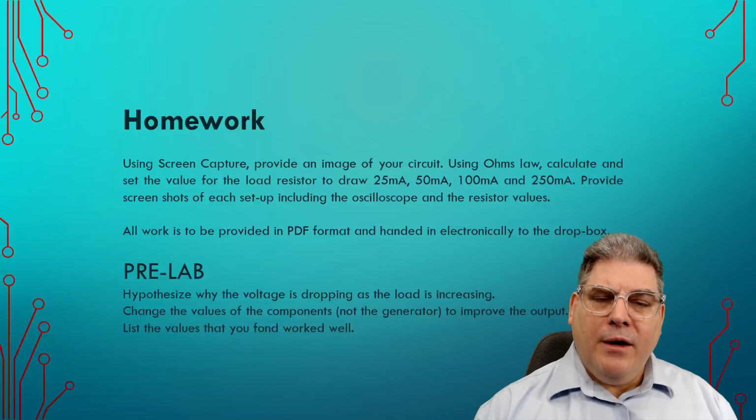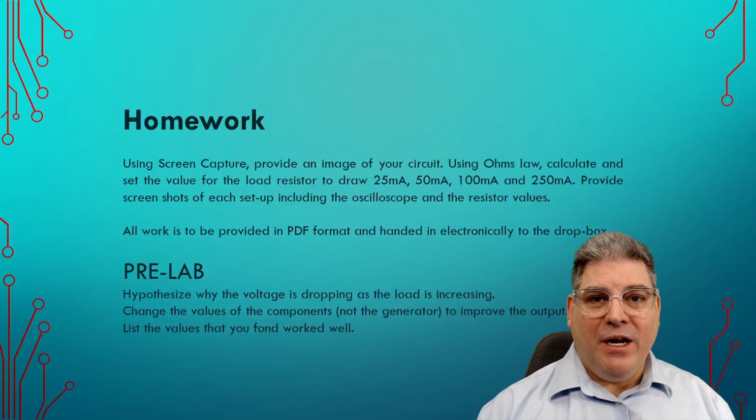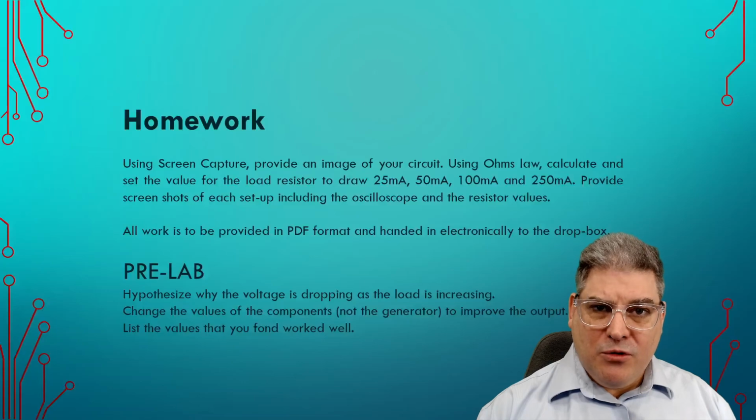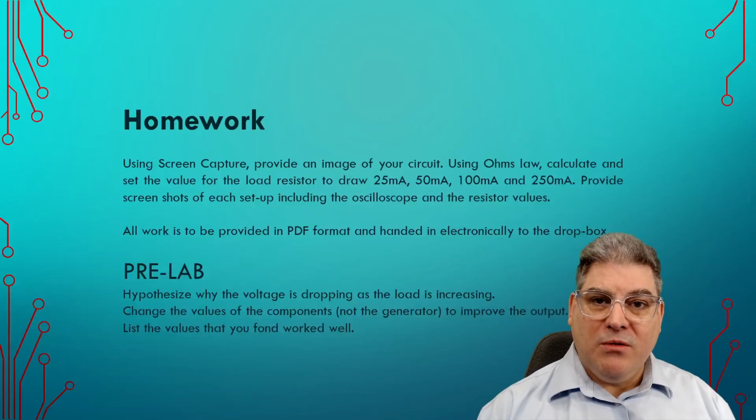Now, caveat, I want you to do the calculations for what that load resistor should be, and I want you to run the simulation. Then using a screen capture, I want you to capture the image and show me what's actually going on at these currents.